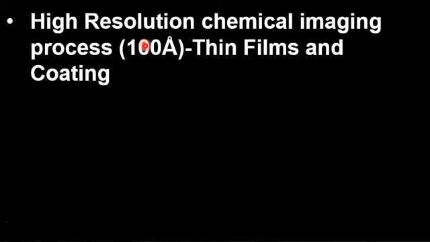In thin film coating, usually ultra thin films in a range of a few micrometers are deposited. So Auger electron spectroscopy provides us an opportunity to get high resolution chemical imaging of the material, and on the basis of that, we determine the chemical composition of the material.